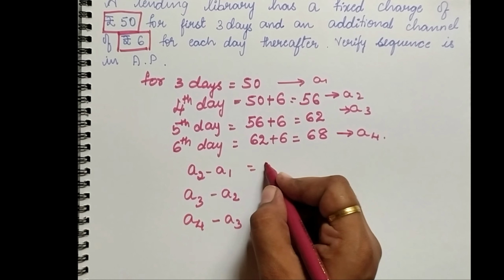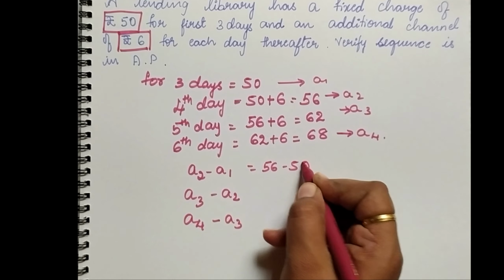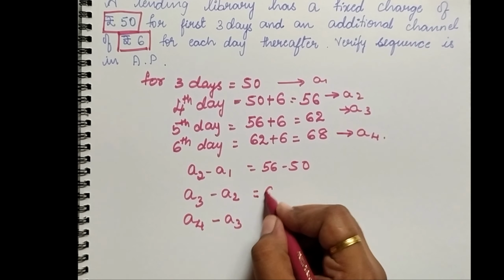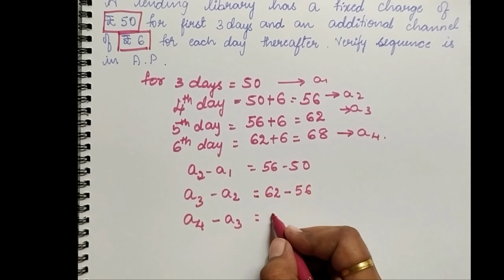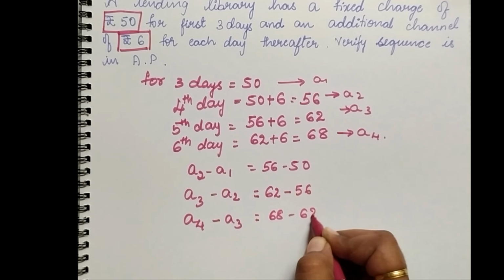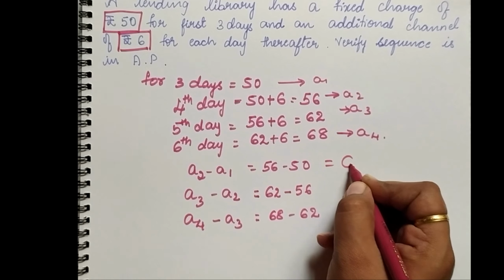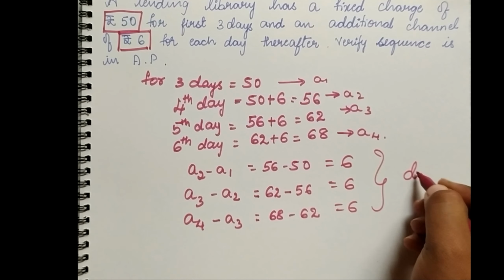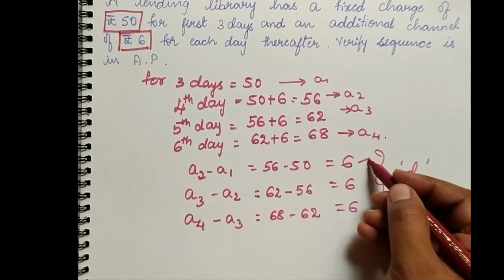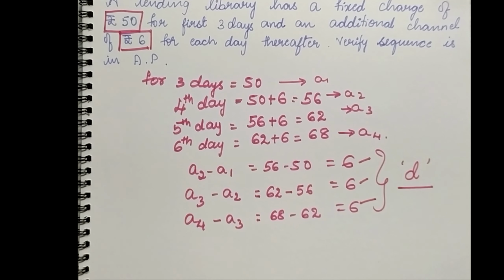A2 minus A1 is 56 minus 50. A3 minus A2 is 62 minus 56, and 68 minus 62. This is nothing but 6, common difference 6, 6. This is my D term. Since I have D as 6 in the series, I can say that it is an arithmetic progression.